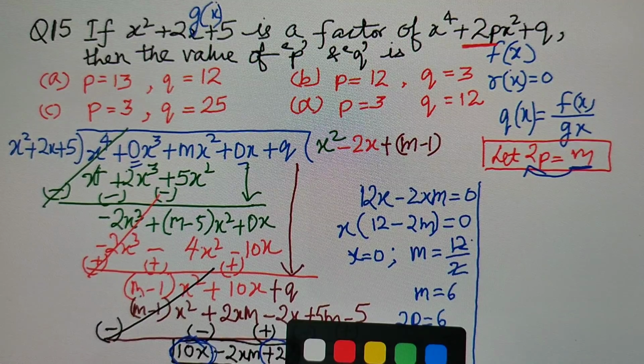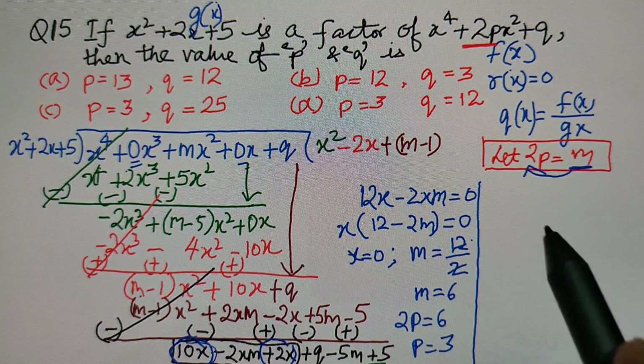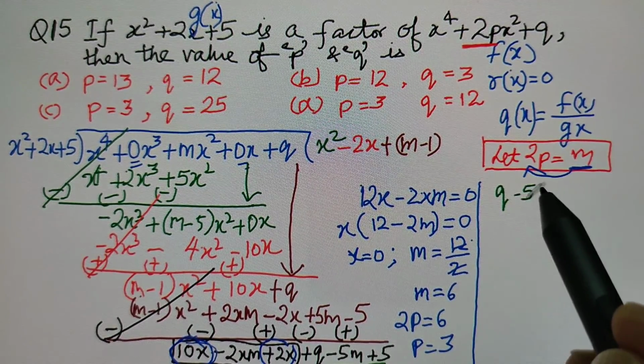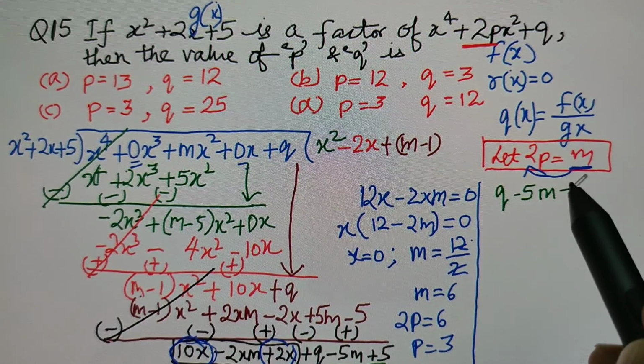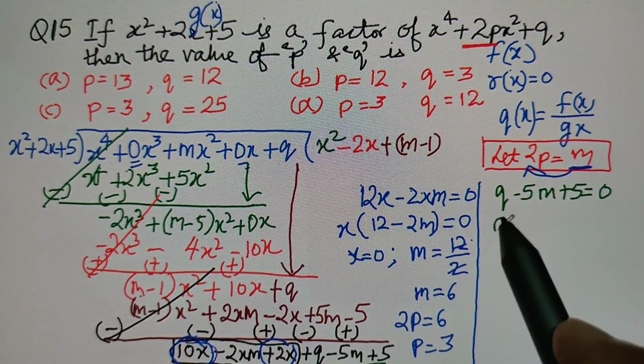Great. Now look at the second part. Now this is the constant term. Now this again is equal to 0: q minus 5m plus 5 equals 0. Okay, fine.